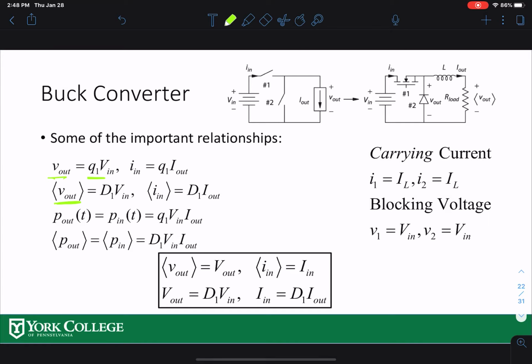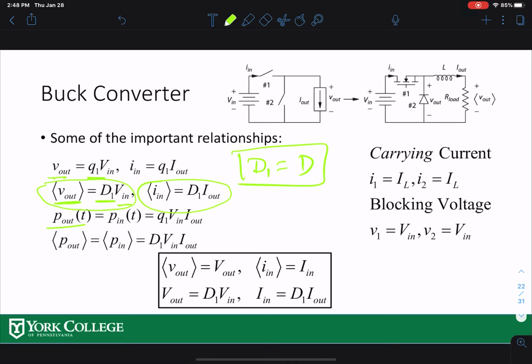So the average voltage at the output is the average time Q1 is on, which is D1 times V_in. That is the relationship we just found with the energy conservation theory, and it also applies to the current: average I_in should be equal to D1 times I_out. For our normal operation, I always take D1 equal to D. That's the duty ratio of switch 1.